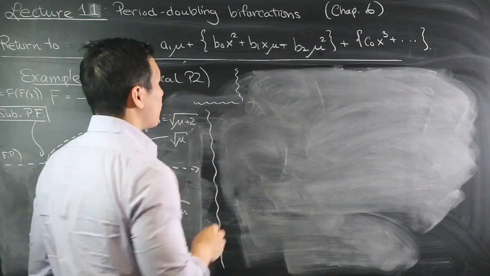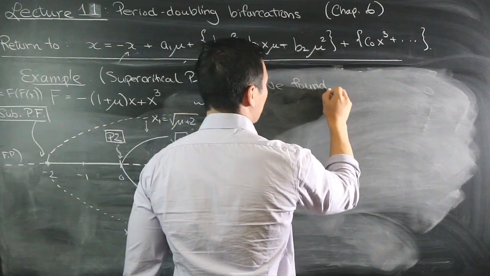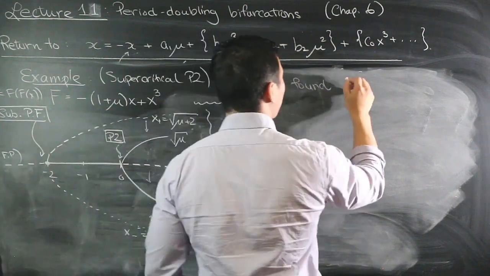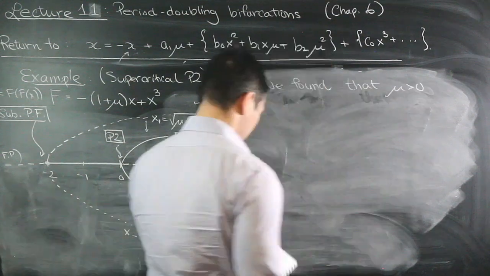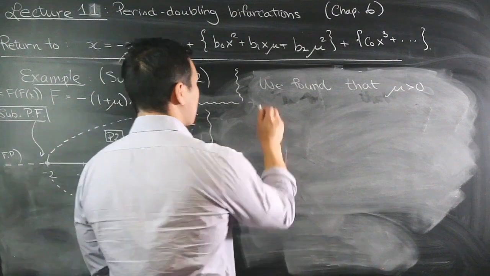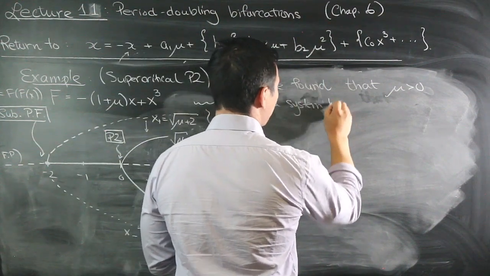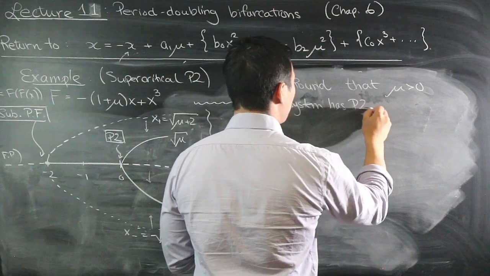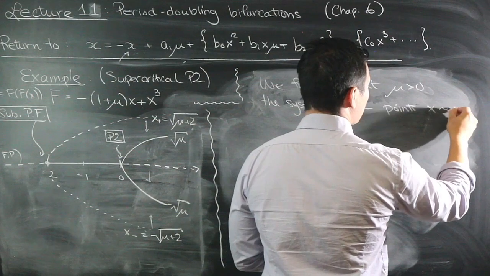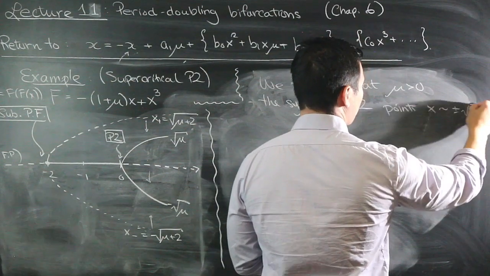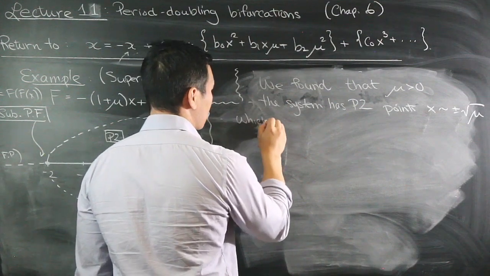So we found that for mu greater than 0, the system has 2 P2 points, x twiddle plus or minus root mu, which apparently corresponds to a stable P2 orbit.